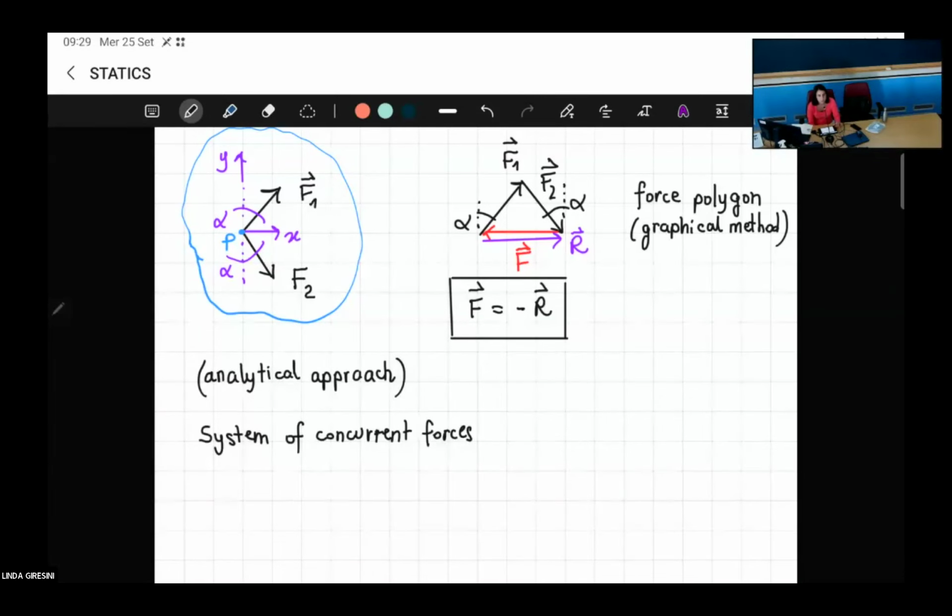Concurrent means the lines of action of the forces intersect in one point.